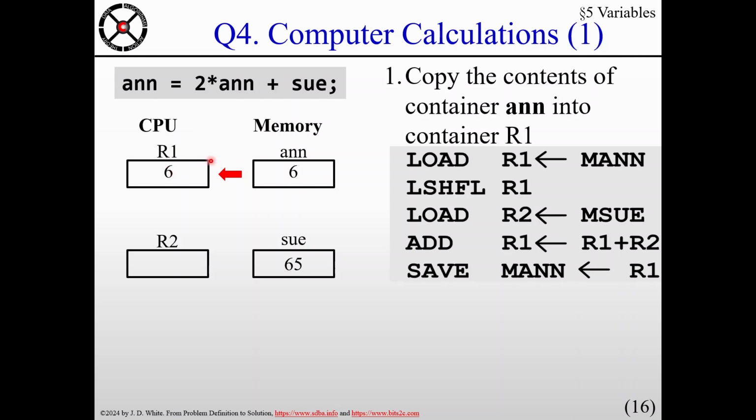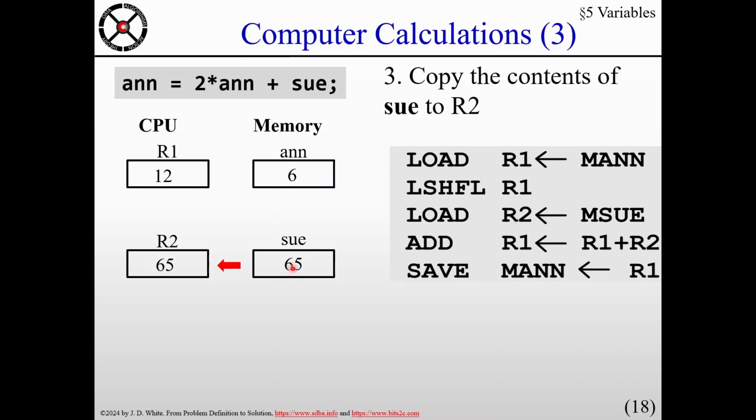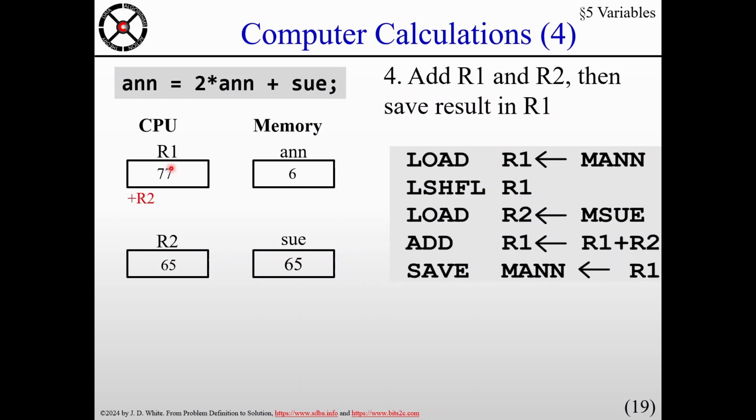It then multiplies by 2, which is a left shift operation, to get 12 in R1, and n still has 6. Next, it loads the value of su into R2. Now it's going to add these two values together and put the result back into R1. And finally, it's going to move the value from R1 back into container n.